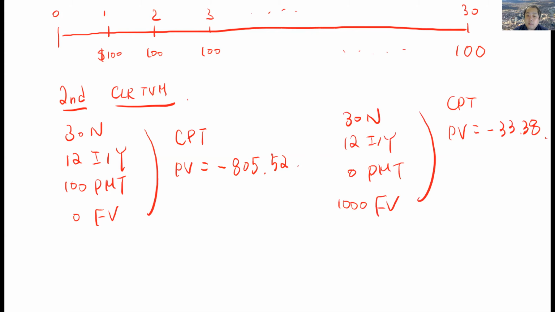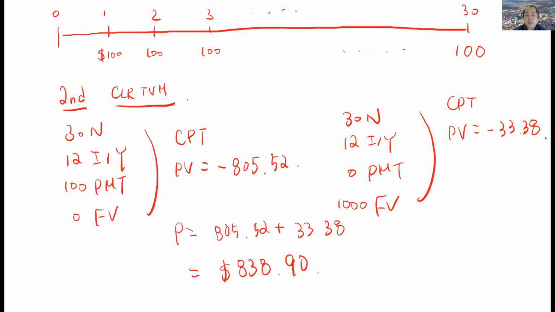Since the value of the bond is the sum of these present values, its fair price will be $805.52 plus $33.38 equals $838.90.